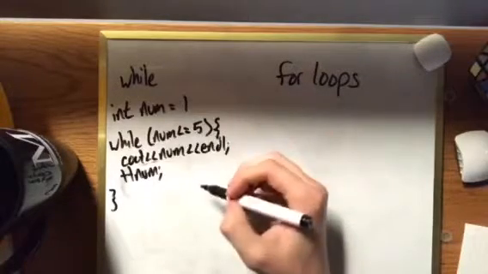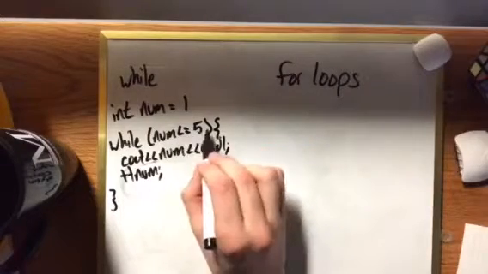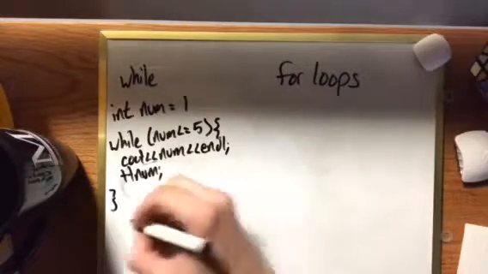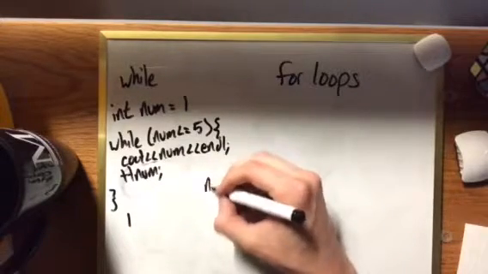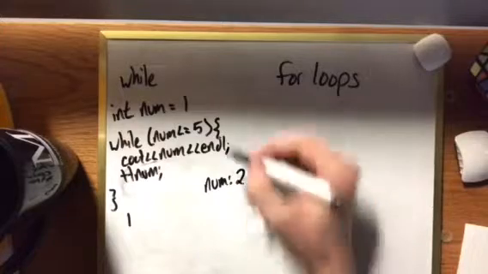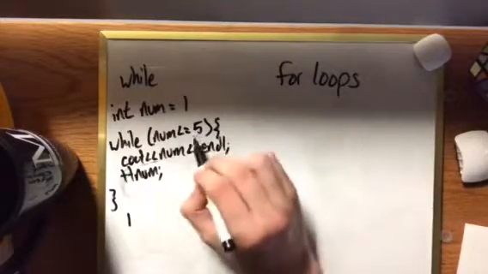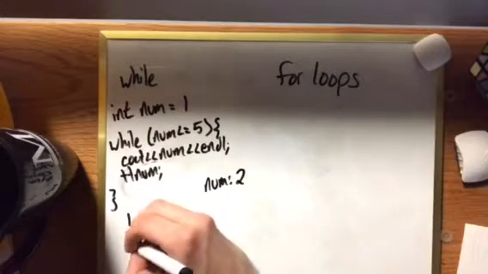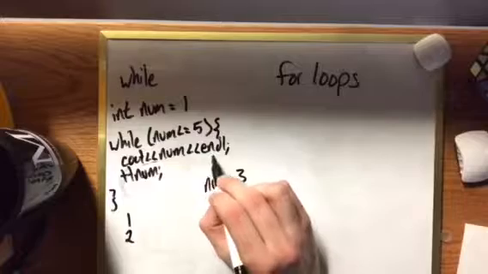So walking through how this works: num equals 1, and that's less than or equal to 5, so it'll print out 1, then it'll increment. So now our value for num is 2. It'll go back to the condition in the while loop to see if it's true. 2 is less than 5, so it'll print out 2, and then it'll change the value of num to 3.